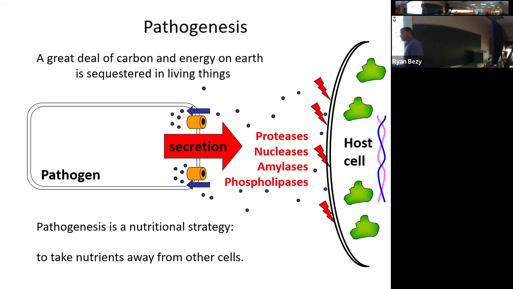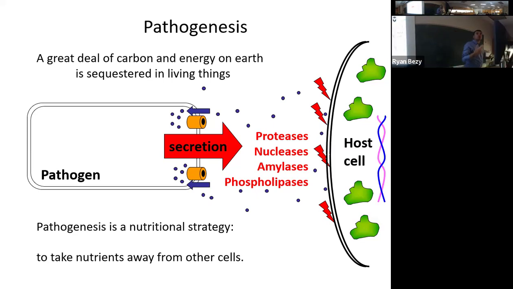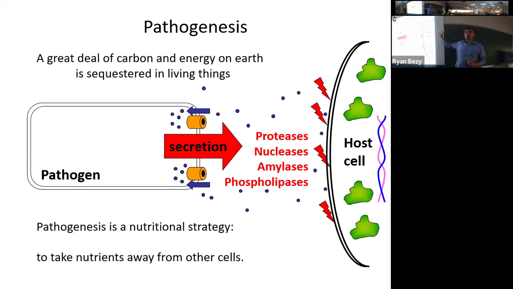So a pathogen's nutritional strategy is to create really strong, toxic digestive enzymes, strong enough to tear apart entire cells like a host cell. They break it open and eat it, in essence. They digest the host cell apart and then eat it as a nutrient source. When pathogens get in our body, that's in essence what they're doing. It's a nutritional strategy as far as the pathogen is concerned, a way for them to steal nutrients from other cellular nutrient sources.